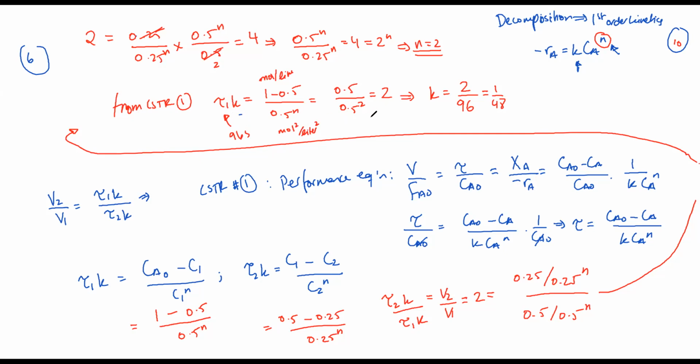So the units are liter per mole second, which are the units for a second order reaction. So it makes sense. So the final answer in this case is minus RA is equal to 1 over 48 CA squared. Okay, so this is the answer to problem number 6.